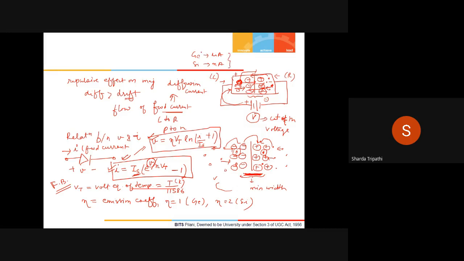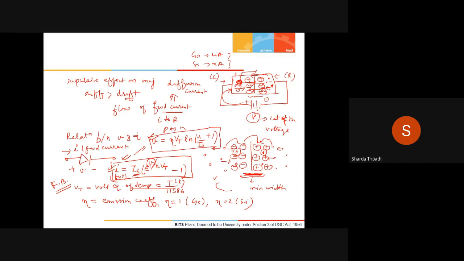Whenever the semiconductor materials are purchased, generally the value of reverse saturation current is mentioned on the specification sheets. So here this small I is actually the forward current. So from here we validate that the relation between I and V in case of the diode is non-linear.